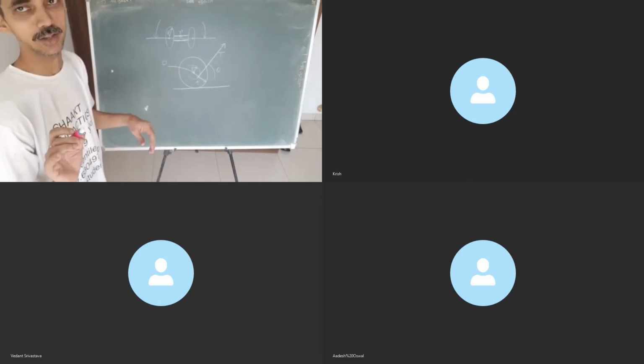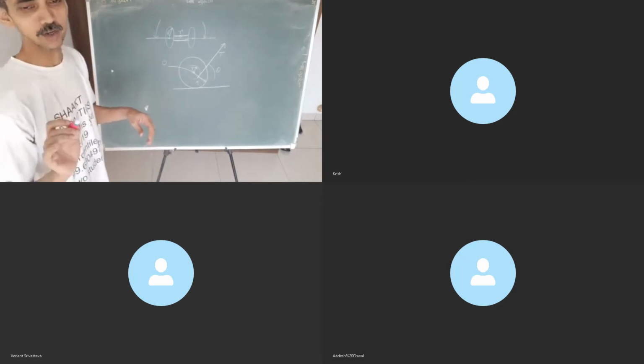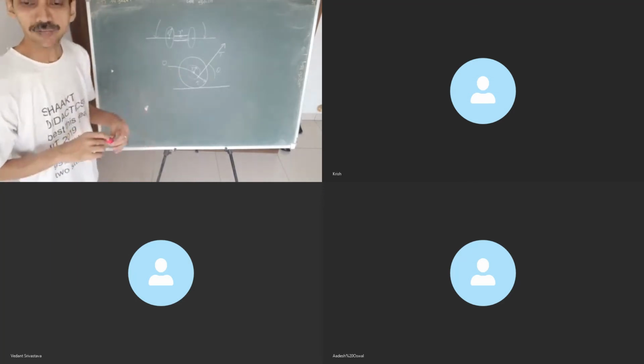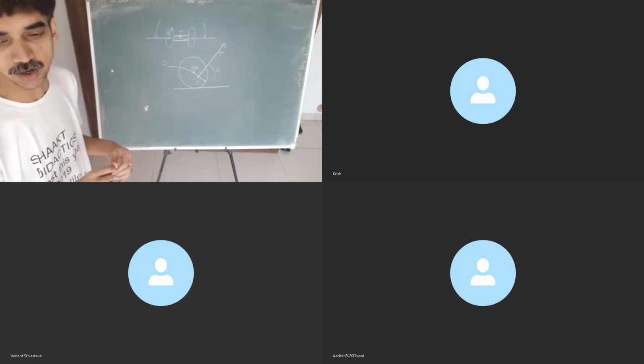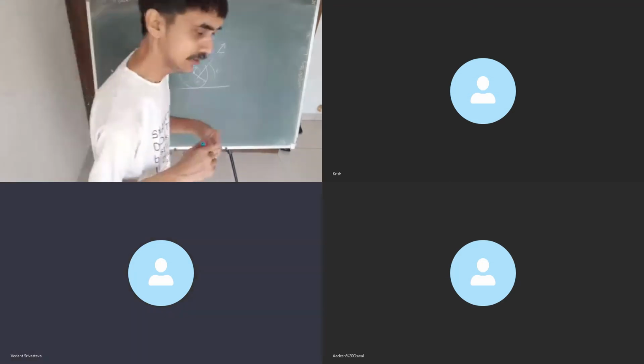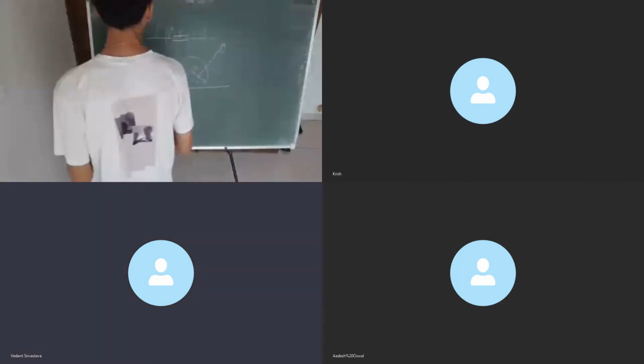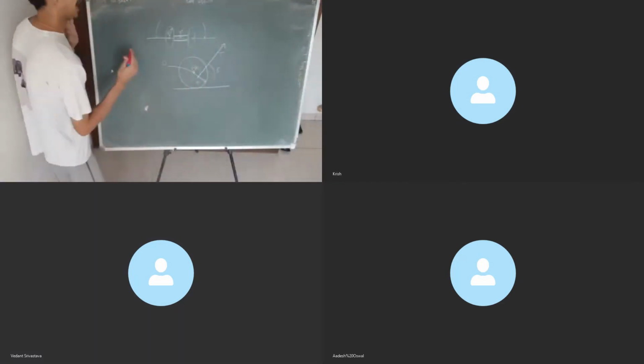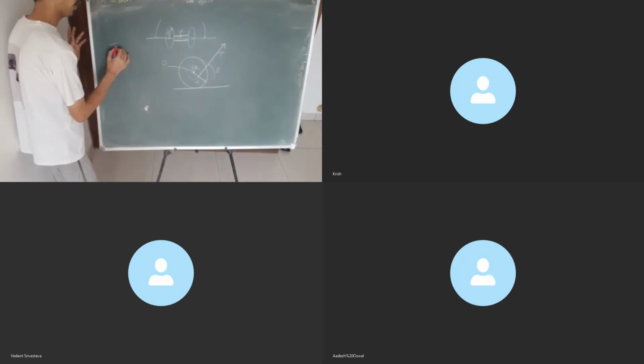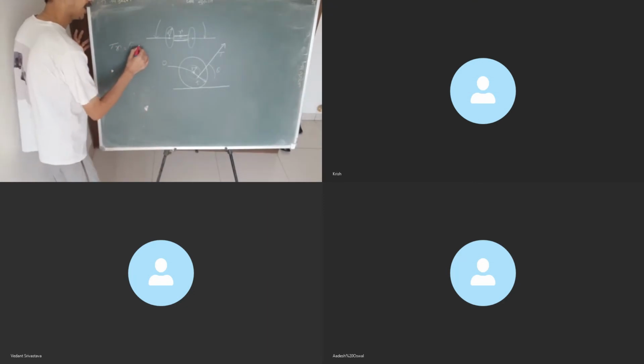99% of the cases, what students took, I have seen, was T cos theta. Of course, T cos theta will never feature in the rotational equation. It's a component. So what will feature? T in its totality is to feature, and that will give us T into small r equal to I naught into alpha.